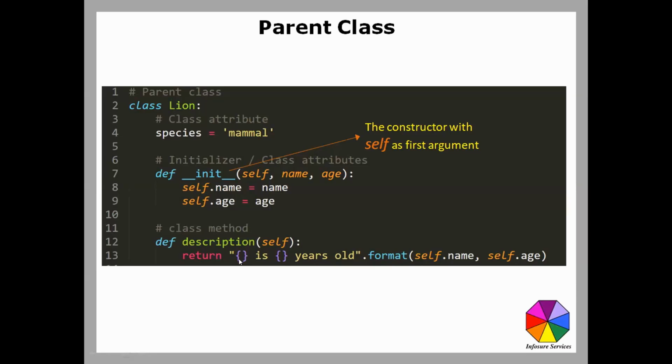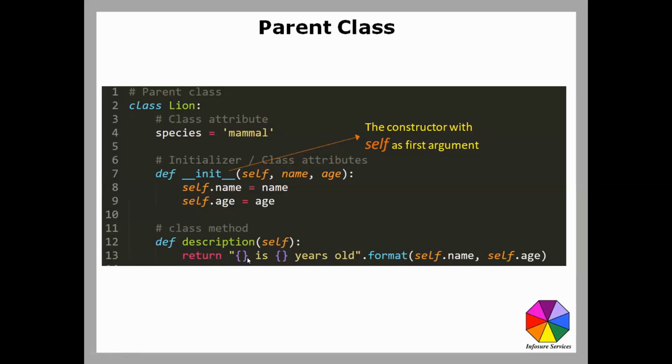Name will go into the first flower bracket. Self.age will go into the second flower bracket. So this is a string format, which is a different kind of formatting. Unlike the one which we saw earlier as F and a double quoted string with the flower brackets, here we are having the double quoted string dot the built-in function called format, followed by the arguments.